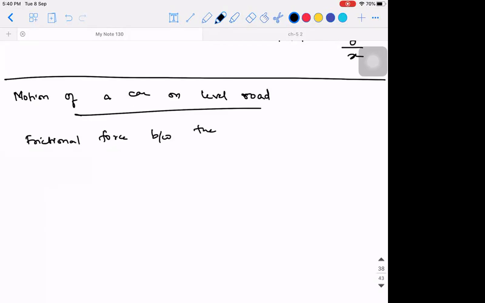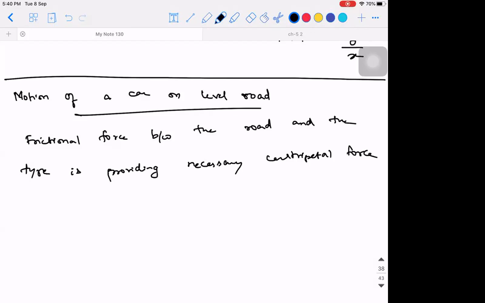The wheels of the car and the road, the tire, is providing what? Necessary centripetal force for the car to take a safe turn.